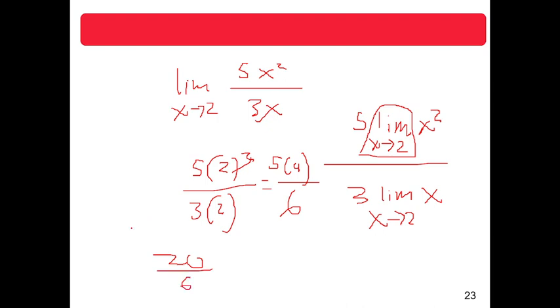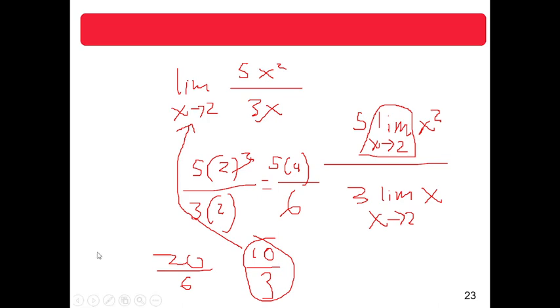And what is 20 over 6? The final answer, what would it become? It is 10 over 3, or you could have 3.3333, correct? So you could just simply have this as your value for the limit. Okay.